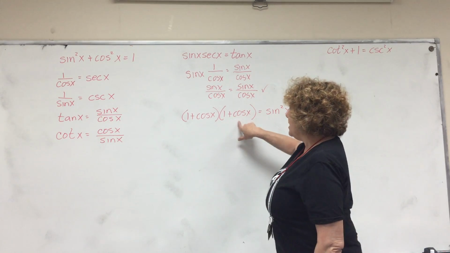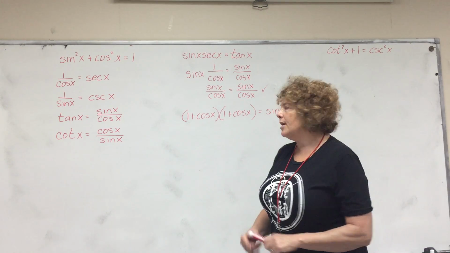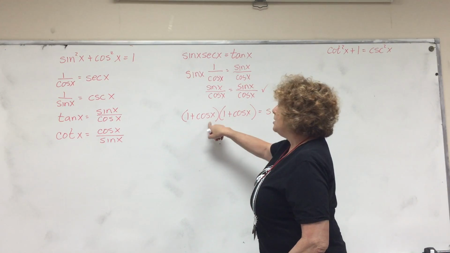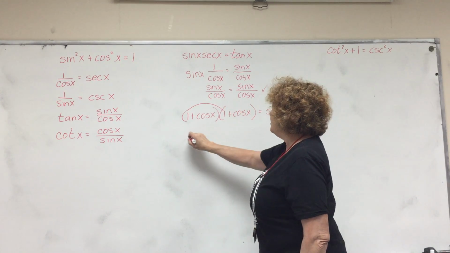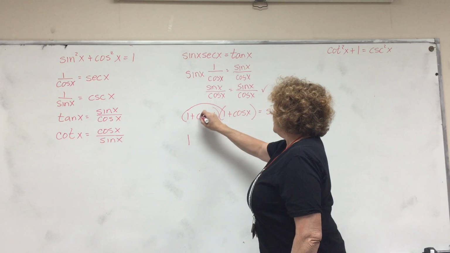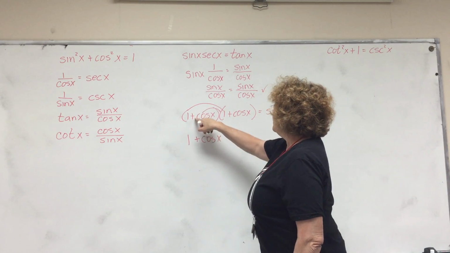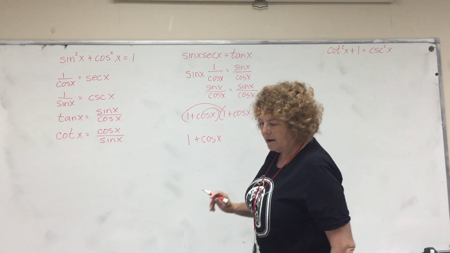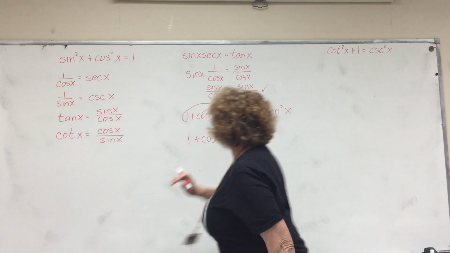Whenever you see something that needs to be multiplied, multiply it, okay? Because this is 1 plus cosine, none of those match up. So FOIL it. 1 times 1 is 1. Cosine times 1 is cosine. Cosine times cosine, I'm sorry, this was supposed to be minus.